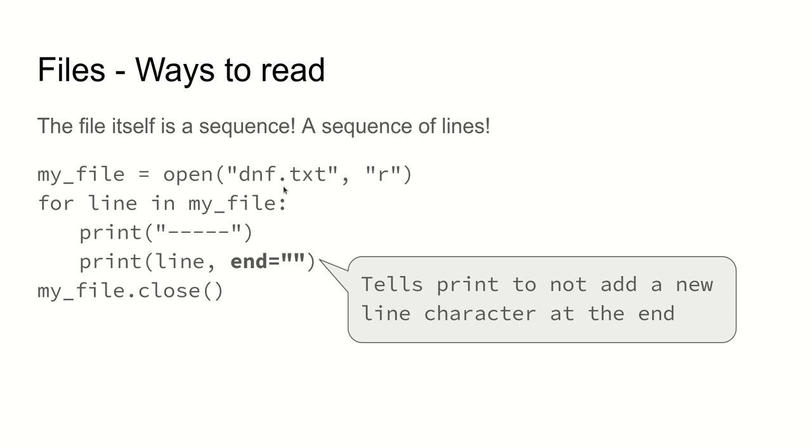One thing to note is we haven't really done this before in our previous print examples, but you can tell print not to print a new line. So here, this would print the dashed line with a new line after it, but then the line from our file would not have a new line after it.